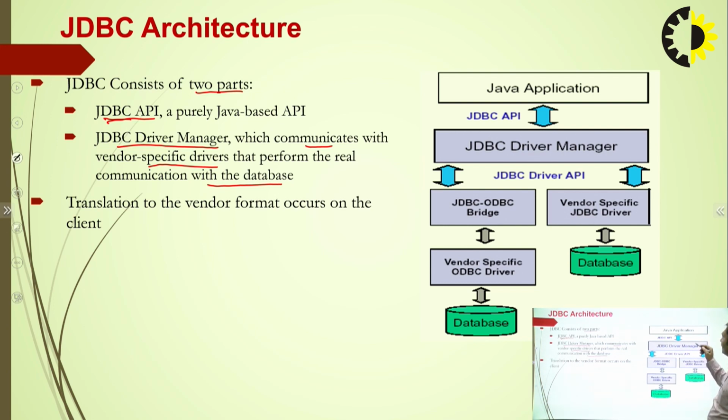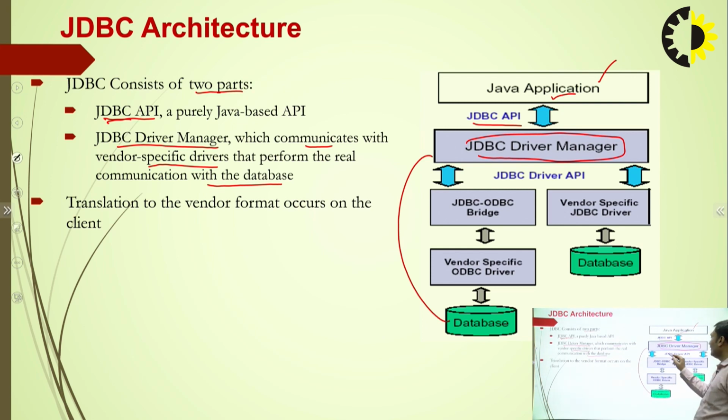So let's see this diagram. On one side there is a Java application, and in between there is the JDBC API. This JDBC API provides a mechanism through which we can connect this Java application with the database, and the JDBC Driver Manager helps in that.